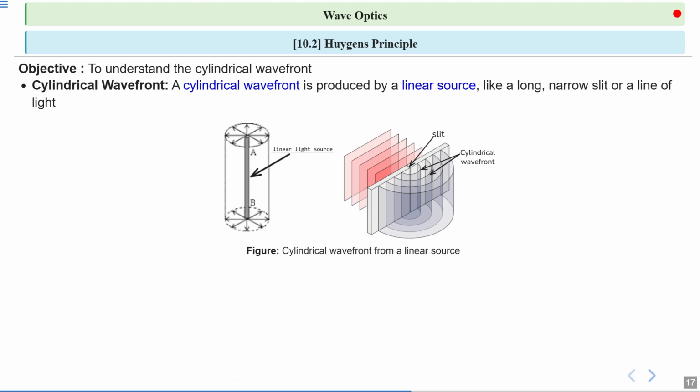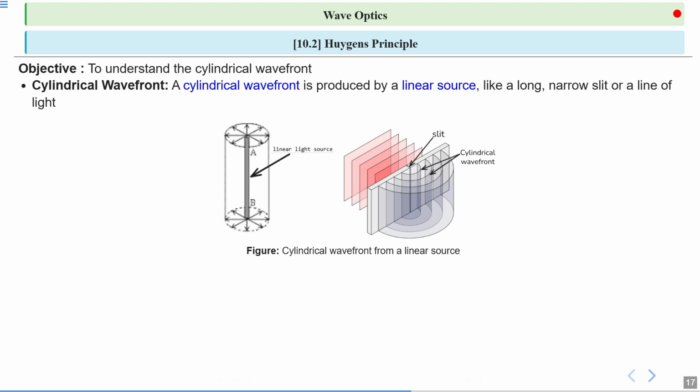You can take two blades and touch their edges end to end, and then leave a very thin gap between them. That forms a slit. A slit is a very narrow linear opening through which light can travel.